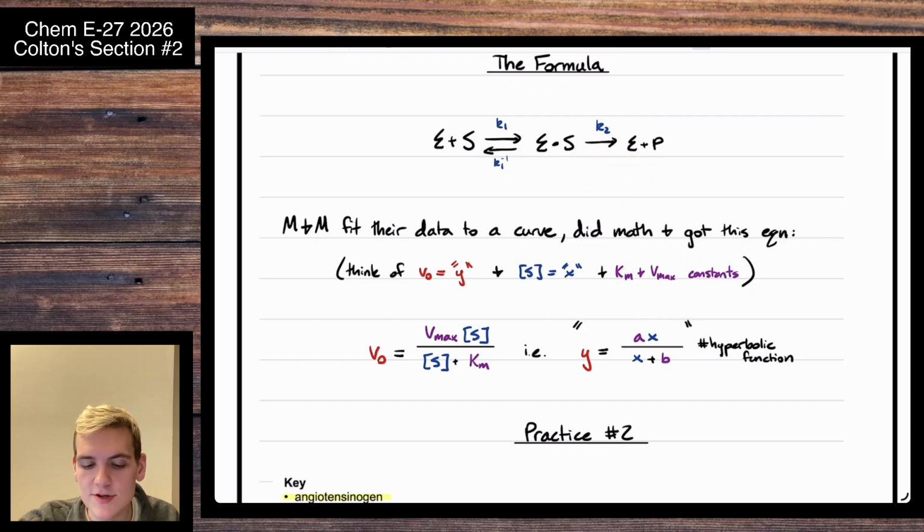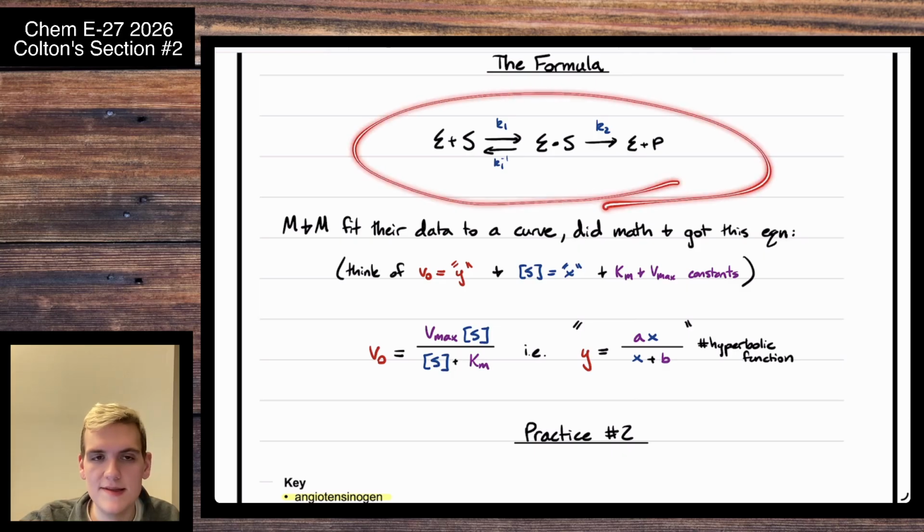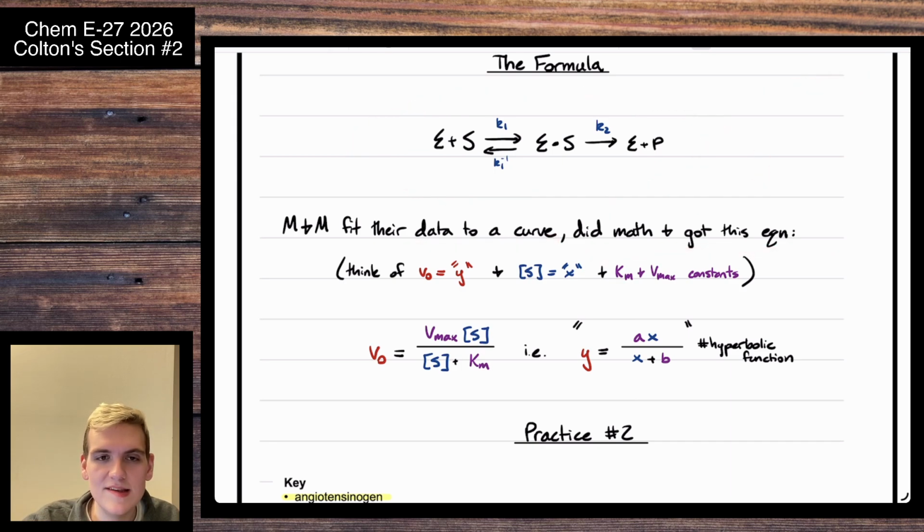But that's way faster, so we abbreviate that with just one step. So what Michaelis and Menten did with this setup of how enzymes work is they fit their data to that curve, and they did some math and saw that this is a hyperbolic function.